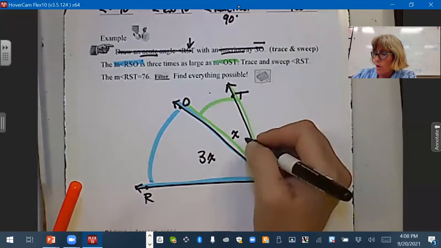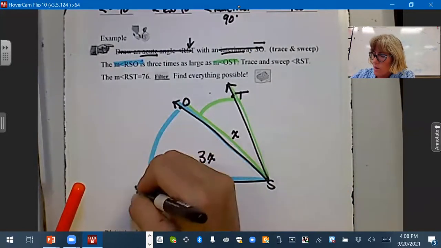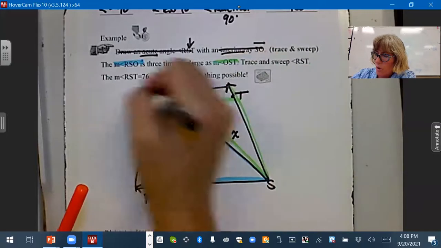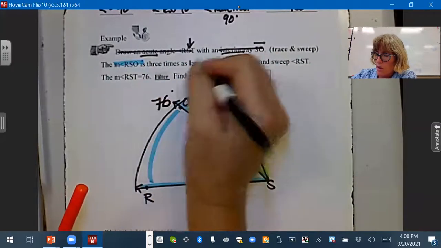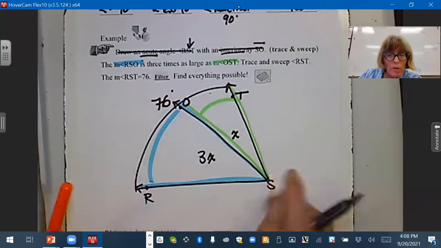Trace and sweep RST. RST sweep. And we're told that is 76 degrees. Find everything possible.